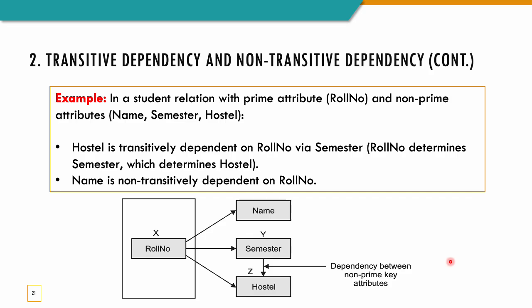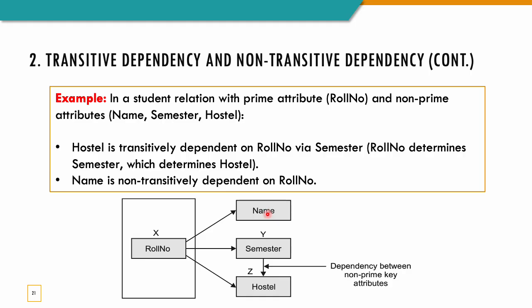For example, we have roll number and name here. Name is directly dependent on roll number. Knowing the roll number directly will tell us the student's name without needing any intermediary attributes.